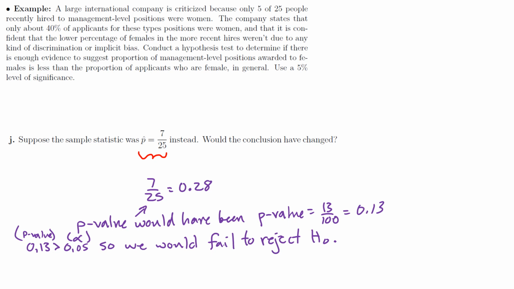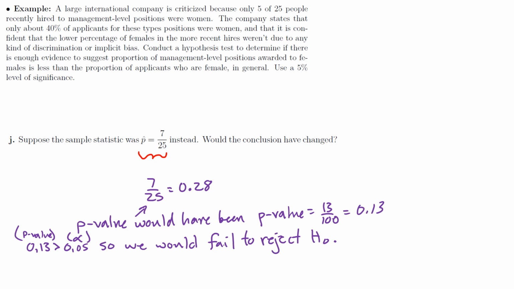And to help you understand why this distinction is important, again, if you're on a jury, to use that analogy again, and you decide to acquit the person, you don't have to conclude that they're innocent in order to acquit them.